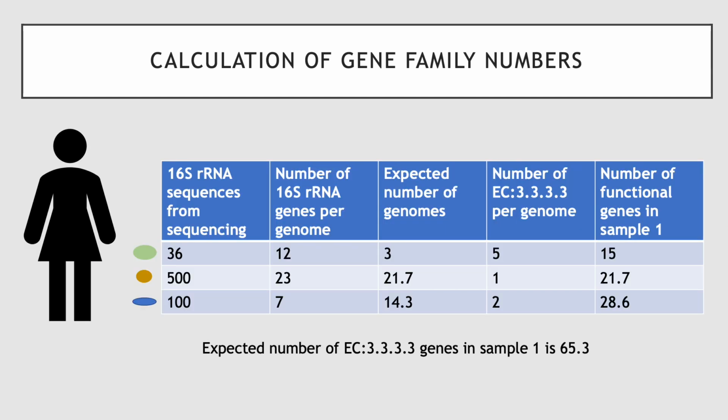So then the total number of expected EC3.3.3 in sample 1 is going to be the cumulative sum of the last column of this table, right, where we have 15, 21.7, and 28.6 to get 65.3.